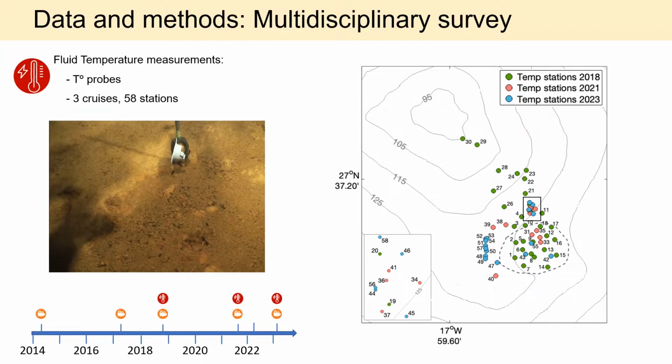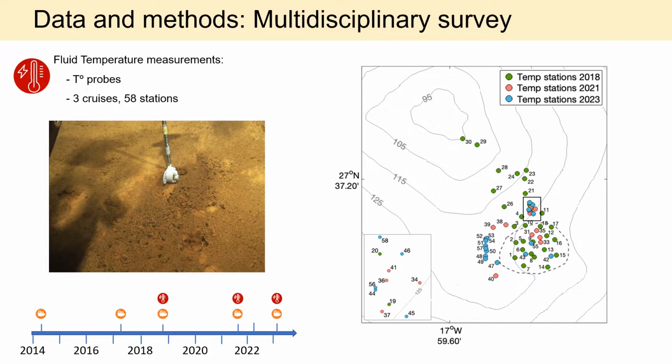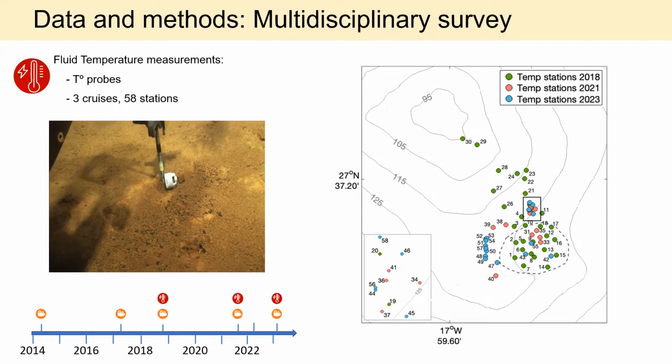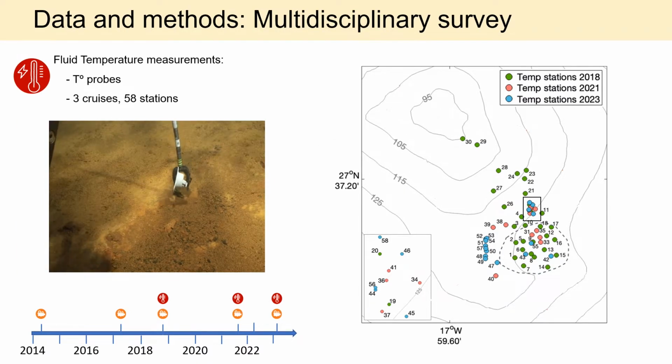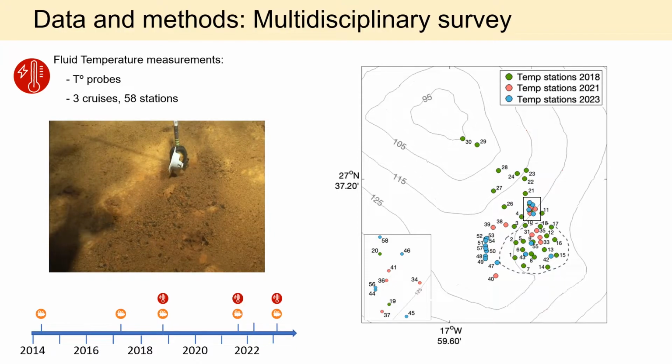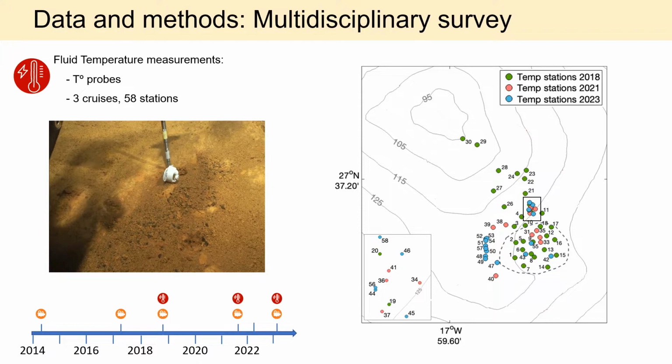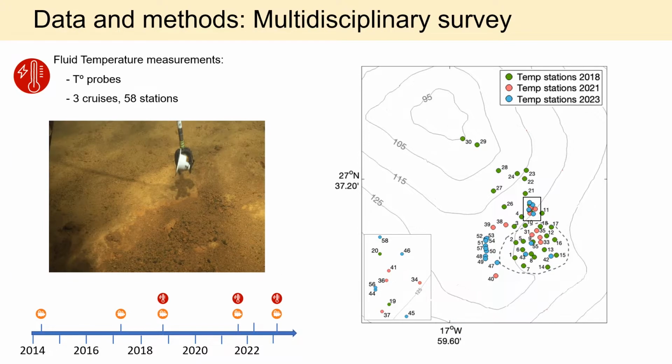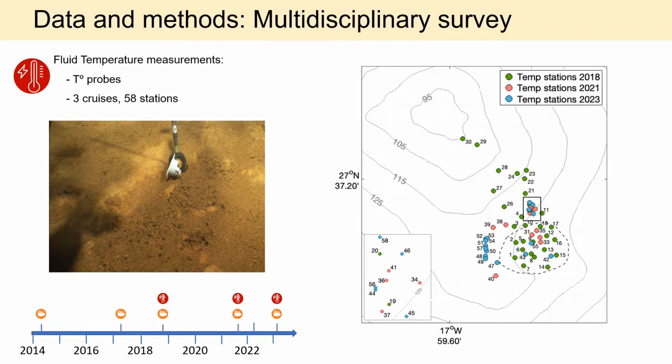We also measured the temperature of the fluid, as I already mentioned, in 3 different years and in a total of 58 stations. Here you can see the whole distribution. Here is the main crater up to the summit, and you see all the different stations sampled in different years.